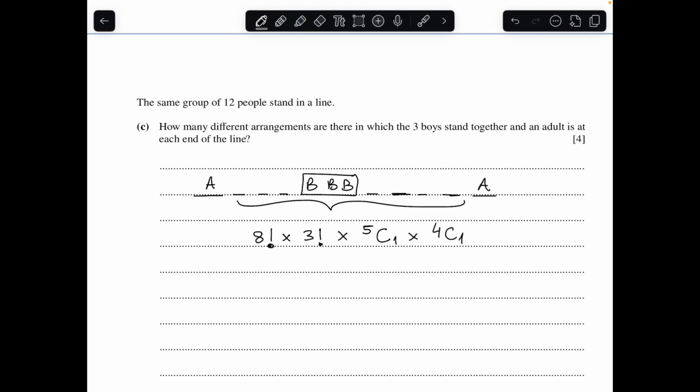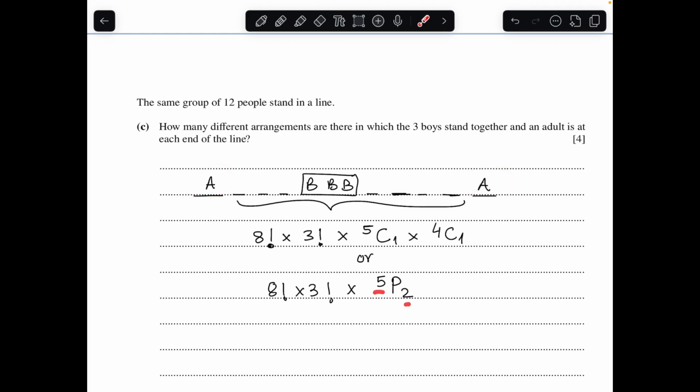So instead of doing this, you may want to write this as 8 factorial times 3 factorial times, you could use 5 permutation 2. What's the meaning of that? It means that from 5 adults, we need to arrange 2 adults in these 2 places.